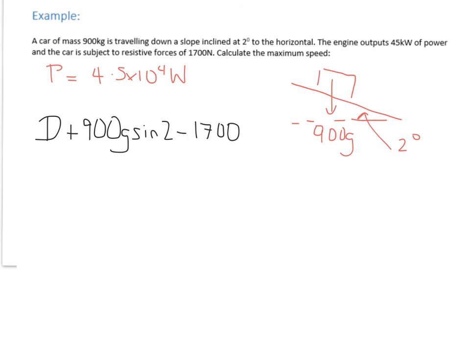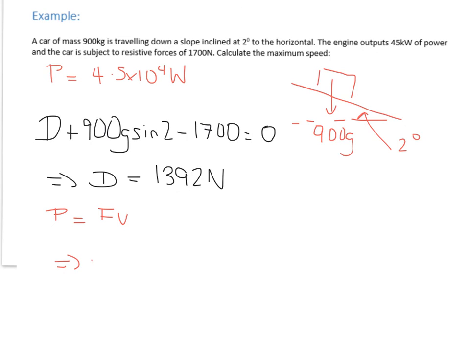But at maximum speed, we know that's going to be equal to 0 because there'll be no resultant force at maximum speed. So if we rearrange that, we can get an expression for the driving force, which would be 1392 newtons.